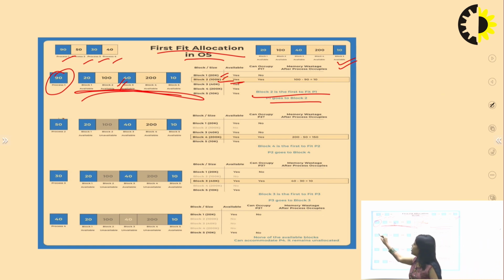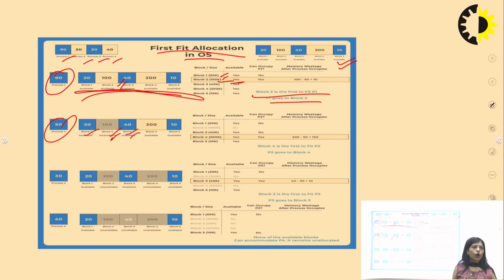Similarly, process 50 arrives. 20 is available, but it cannot accommodate it. 100 is not available. 40 is available, but process 50 cannot be accommodated because the block size is less than the process size. After that, 200 is available and can accommodate the process, so the memory wastage is 150.